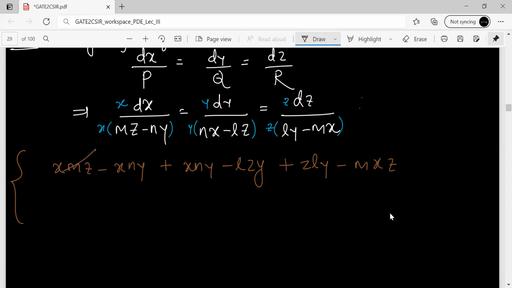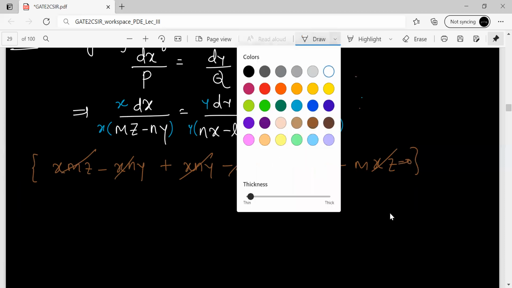Let's see. This gets cancelled with this, and x n y will be gone, and l z y will be gone. So I can directly say that I must delete this entire quantity because I don't need it. It is zero, so just stick that in.